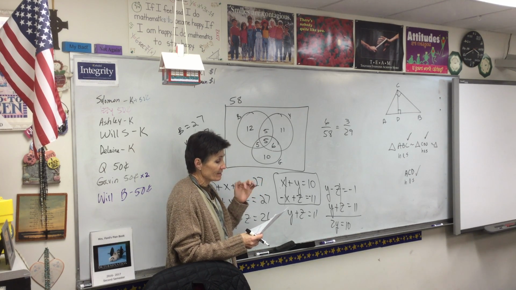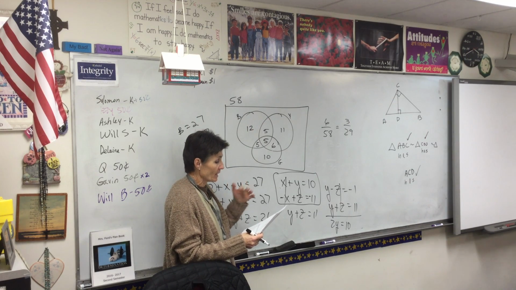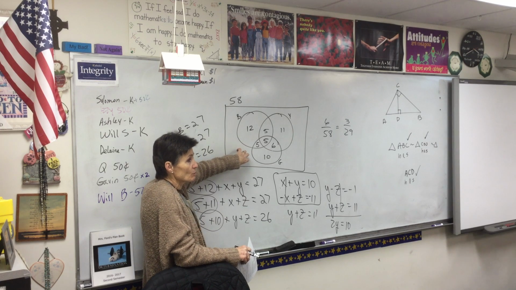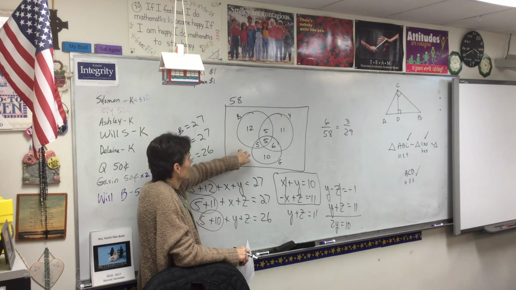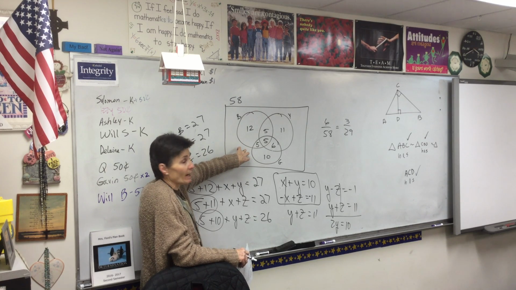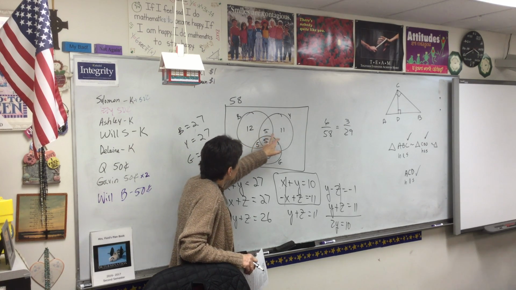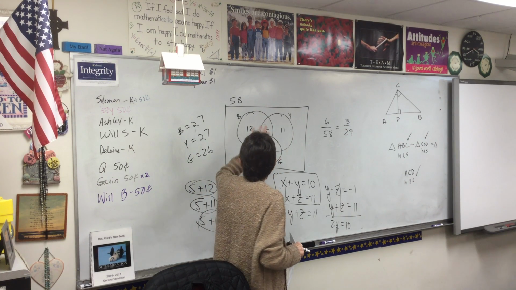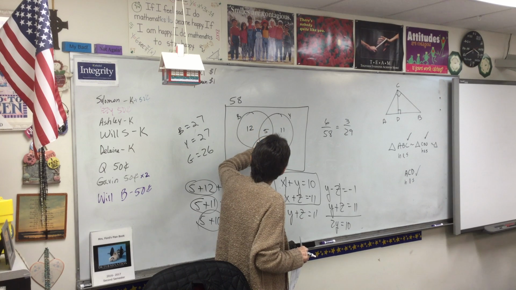All right, what's the probability that someone likes none of these? Well, that's out here, right? Those people are out here, and I don't know what that is. So how do I figure out what's out here? I add them all up. So what is all that? Someone add all that up for me. 27, 54.